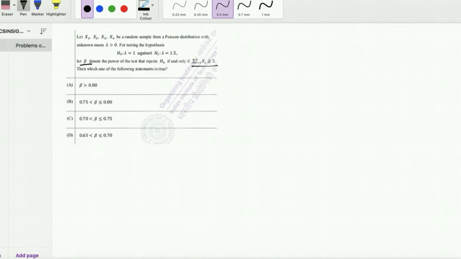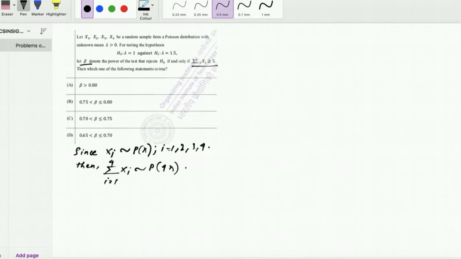So let's proceed. Since Xi follows Poisson lambda, where i goes from 1, 2, 3, 4, then the summation of Xi, i from 1 to 4, would follow Poisson 4 lambda.